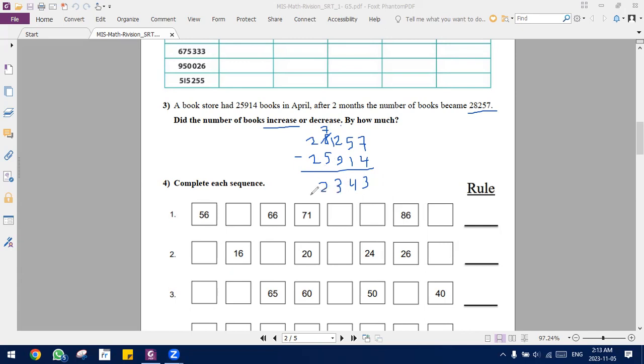And then 2 minus 2 is 0. So the difference is 2,343, but we need to write the unit. So 2,343 what? Books. So this is the difference, or this is the increase after 2 months.